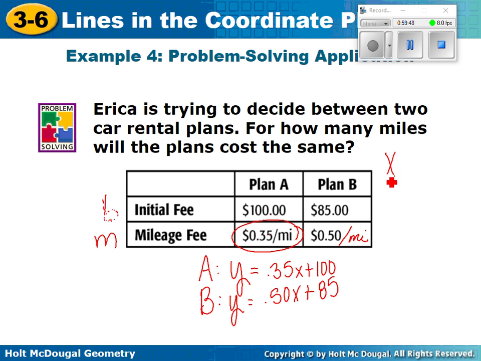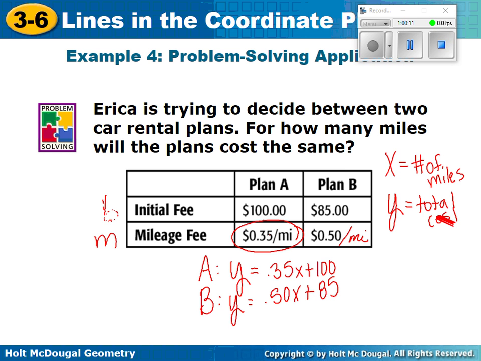So x is our number of miles, and that makes y going to calculate the what? Total cost, because this was our initial cost, and this is the cost for all the miles. So y is going to represent the total cost.